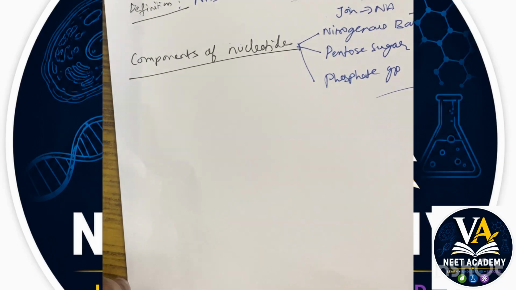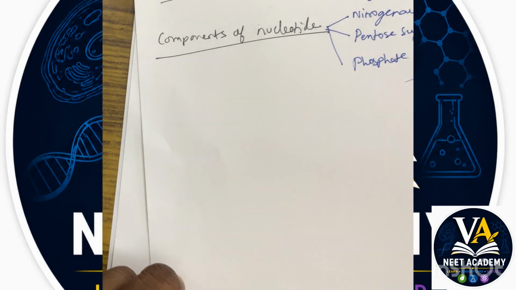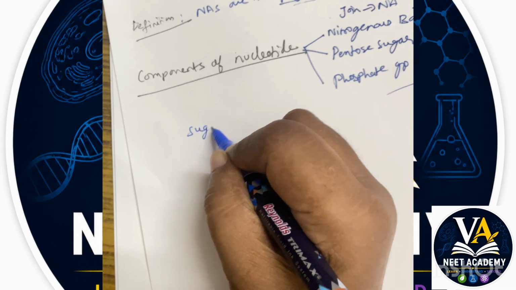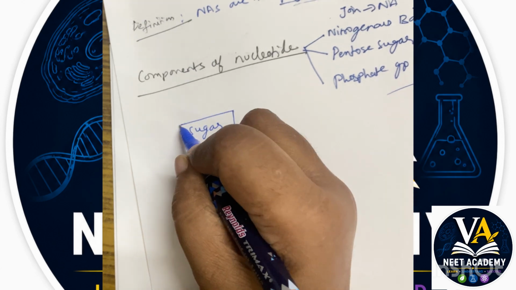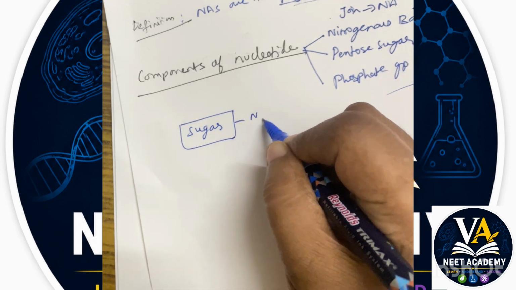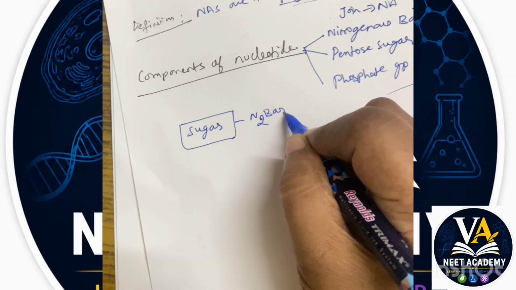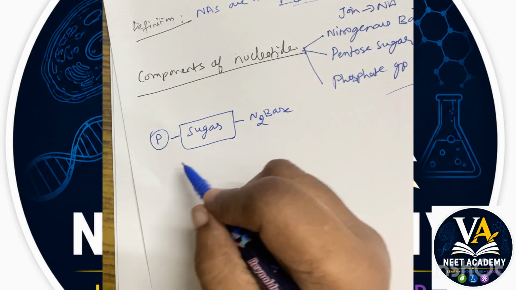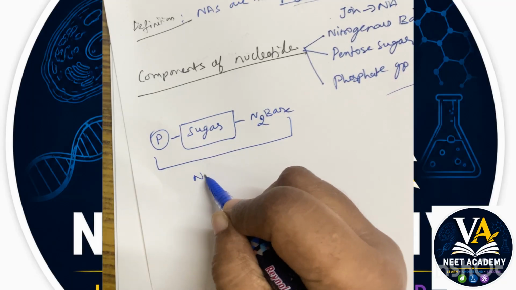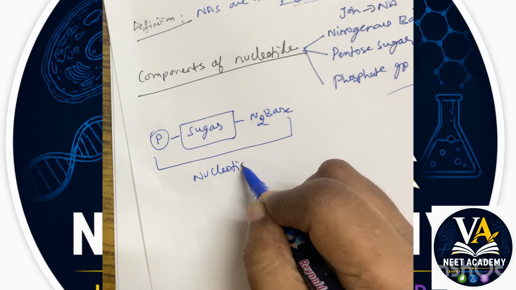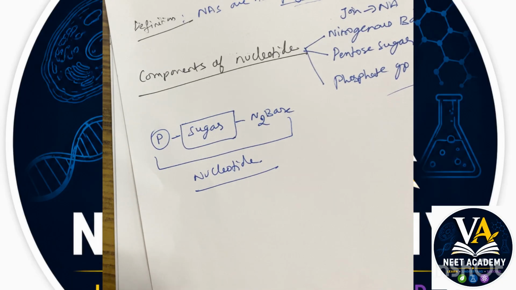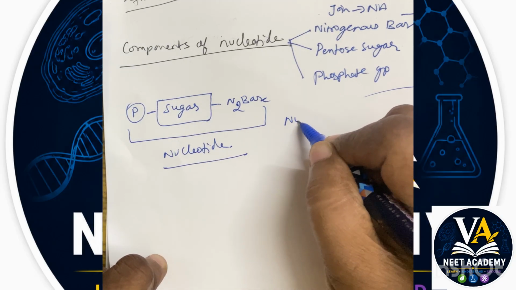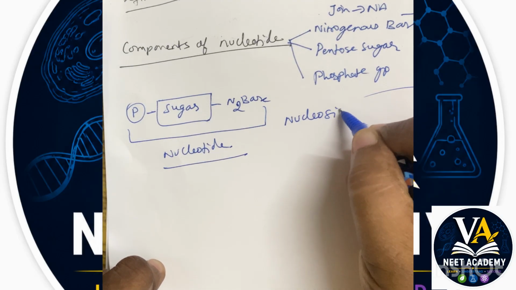So basically a nucleotide, a schematic diagram if you write, you will write it as it is made up of sugar, nitrogenous base and then phosphate attached to it. So this is one single nucleotide. There is one more term called nucleoside.